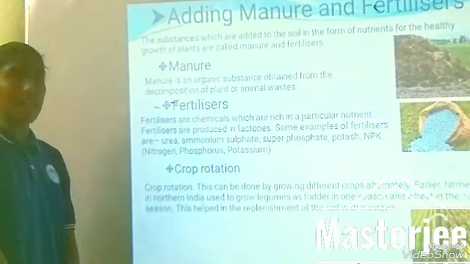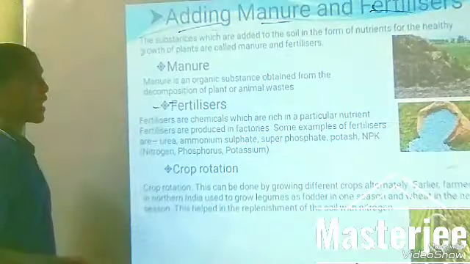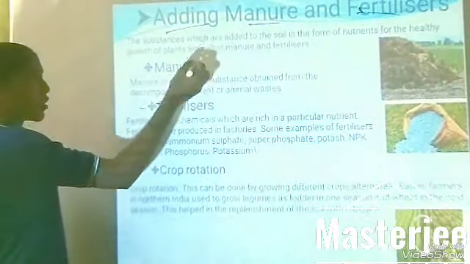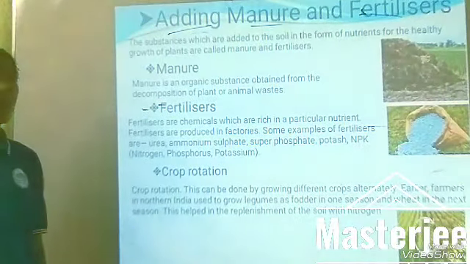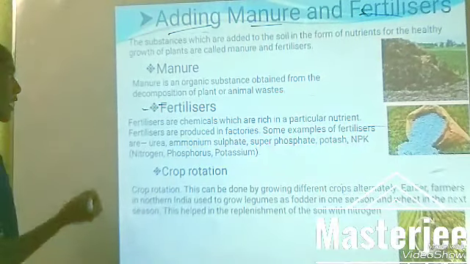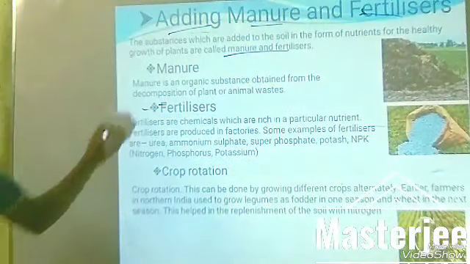The next thing in agriculture practice is adding manure and fertilizer. The substances which are added to the soil in the form of nutrition for the healthy growth of plants are called manure and fertilizer. What is manure?